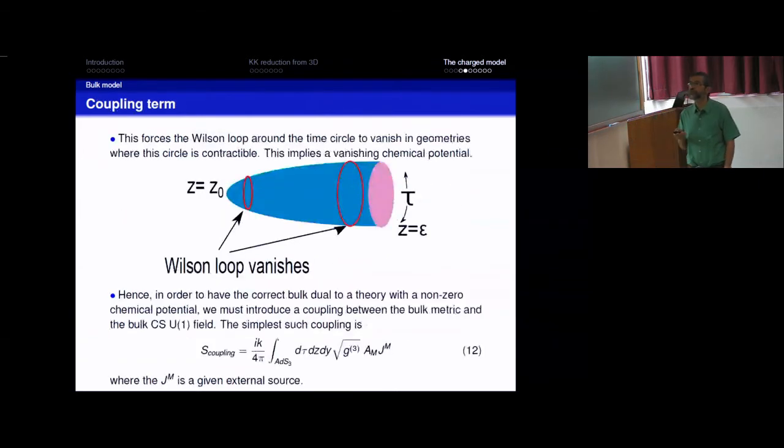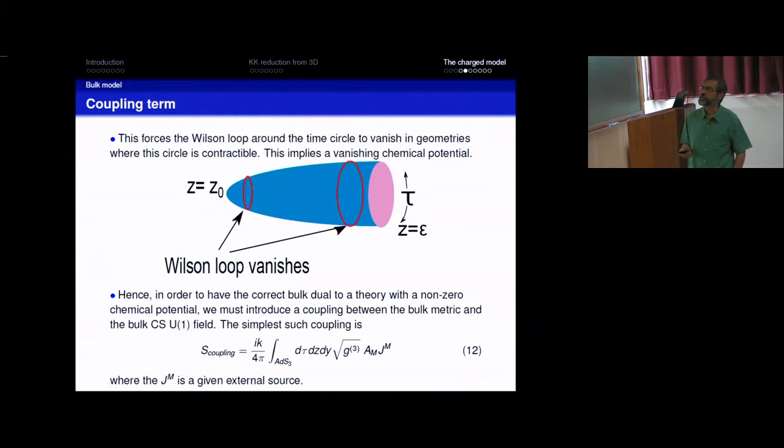So that gives rise to the following issue, which is that, for example, in a black hole geometry where I have a contractible time circle. Okay, so here at this end, clearly the Wilson loop has to vanish. Okay, and the field strength is 0 all the way in the middle. So therefore, the Wilson loop has to vanish here as well.